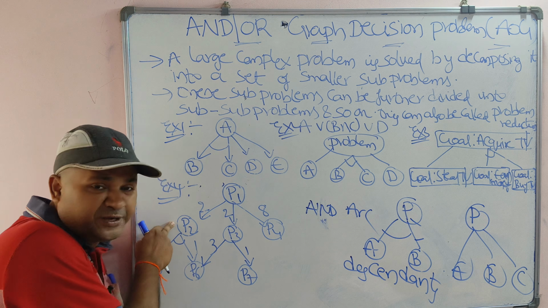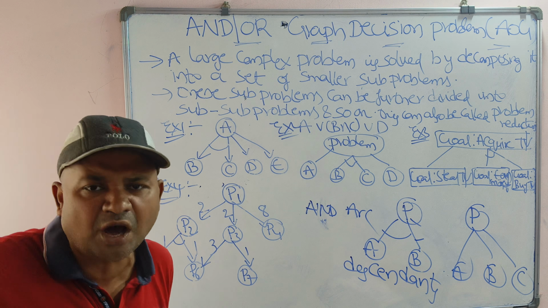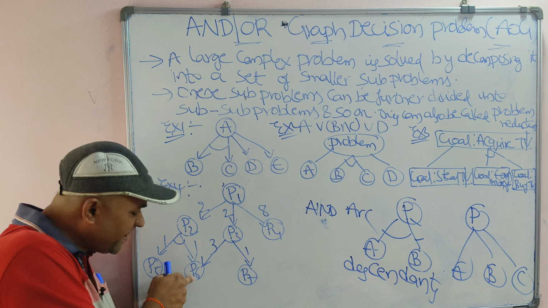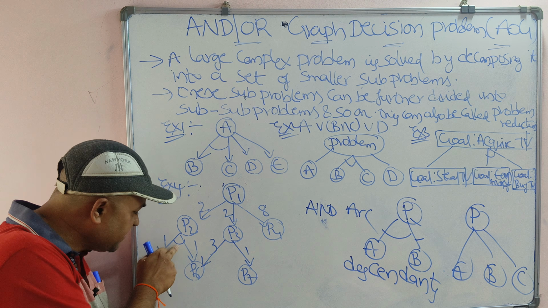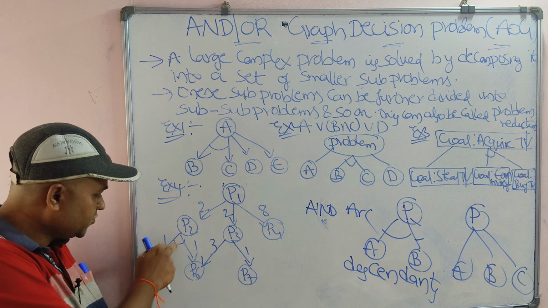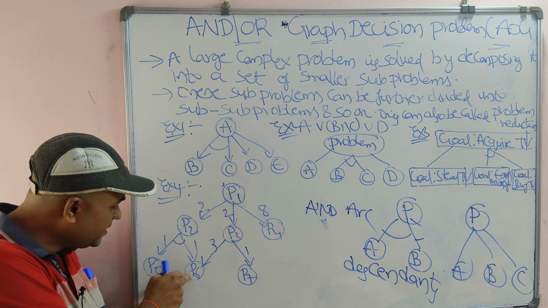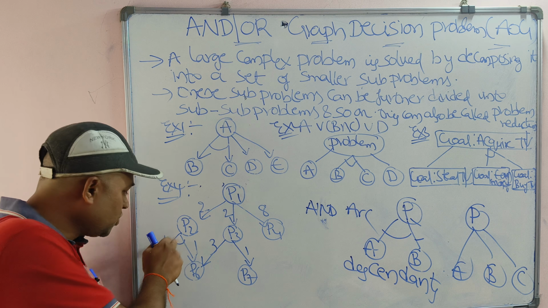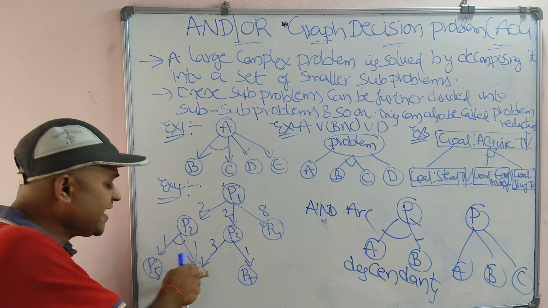So how to solve P2? P2 is solved by solving both P5 and P6. Why? Because here we have an AND arc. What is the cost for solving P5 and P6? 1 and 1. AND means both nodes we have to solve.